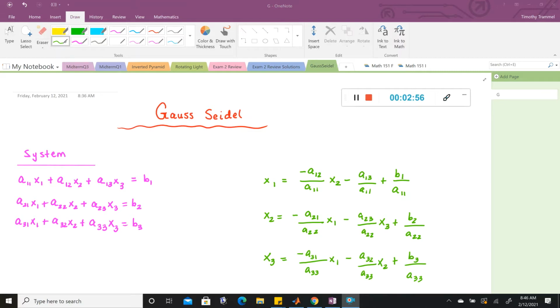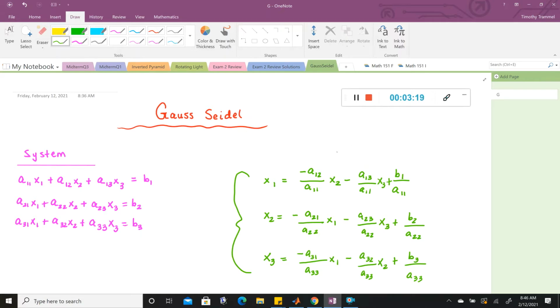Now that we have x1, x2, and x3 solved for, let's try and remember what we did with these equations yesterday. I'm seeing a missing variable here. I should have an x3 right here.